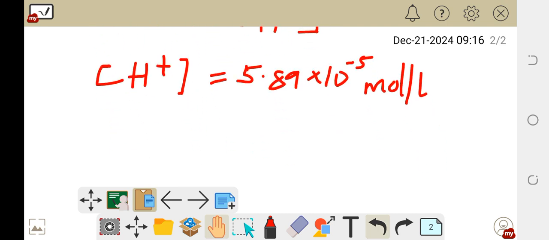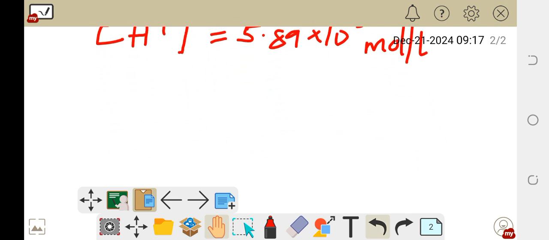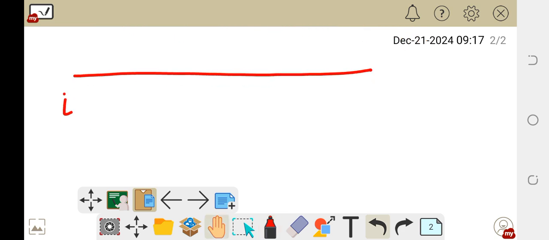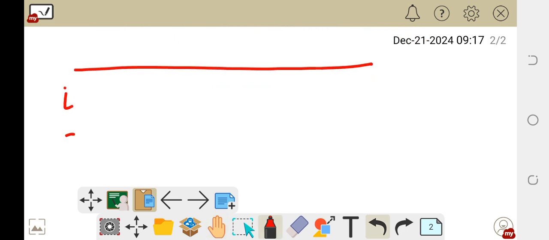Next, we want to generate an ICE table. The ICE table comprises initial concentration, change in concentration, and equilibrium concentration of the chemical entities in this problem.